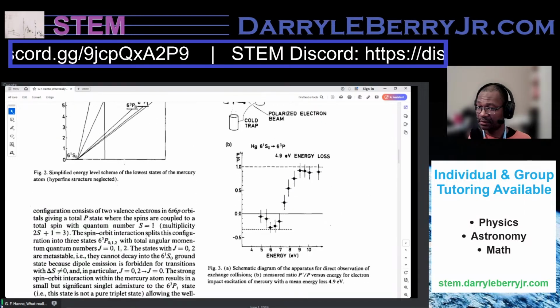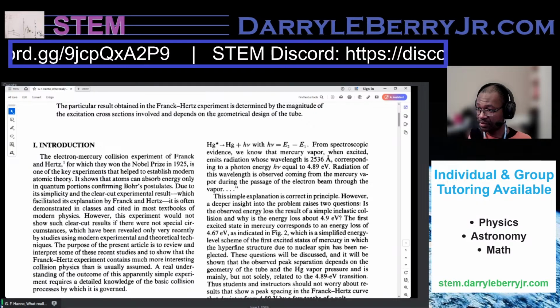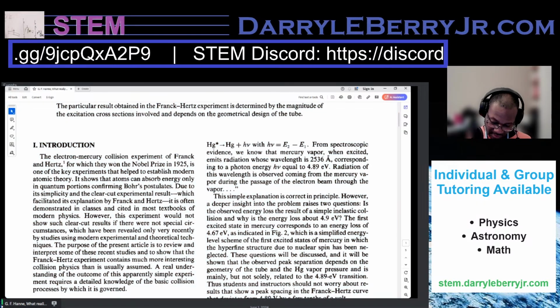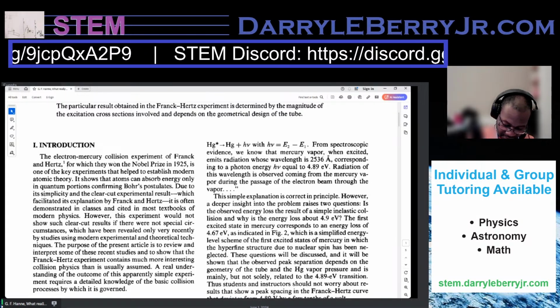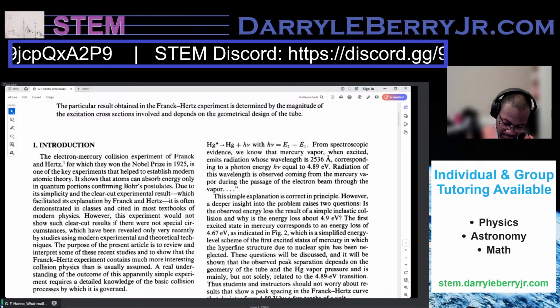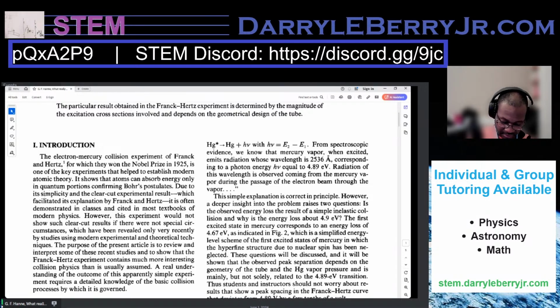I want to see where they mentioned the angstroms. Yeah, they mentioned it here. All right, so that's 2536. Why don't we stick with 2536 angstroms? And that is for mercury emission.